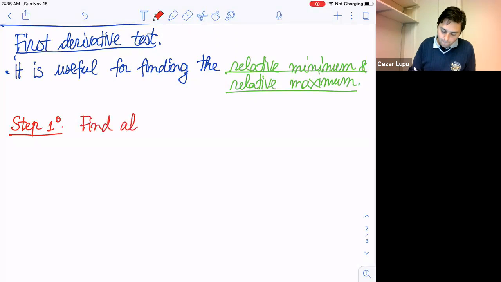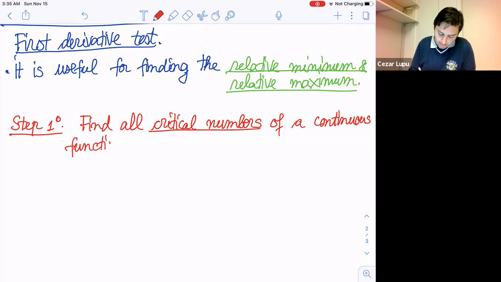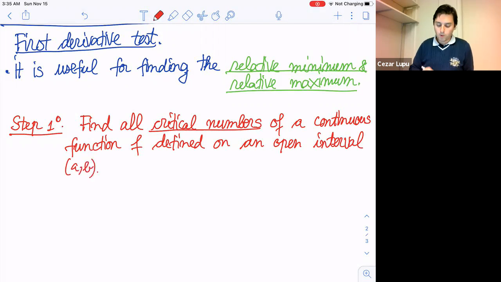So find all critical numbers of a continuous function f defined on an open interval AB, let's say, on an open interval AB. All right. All right. Now step 2.